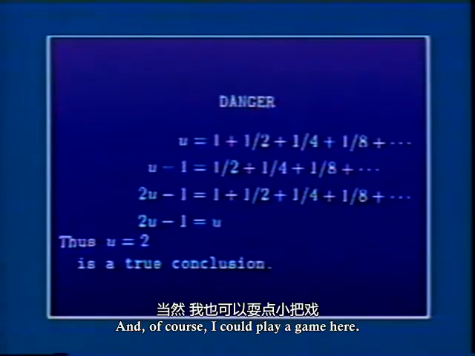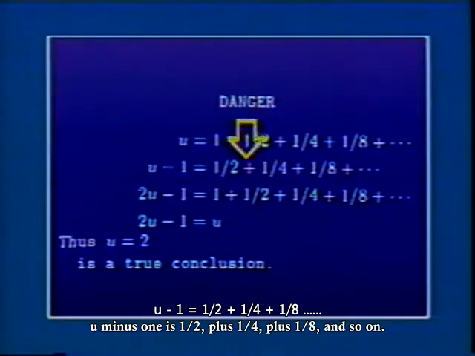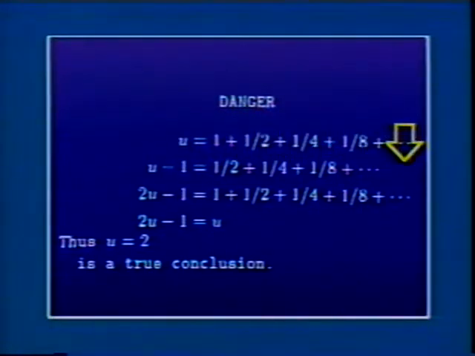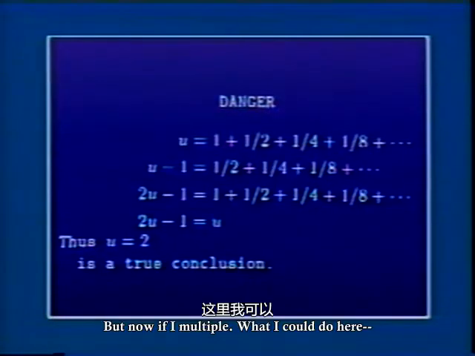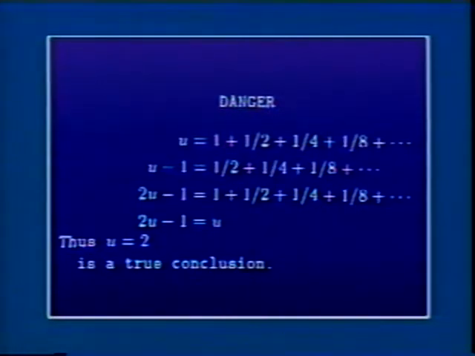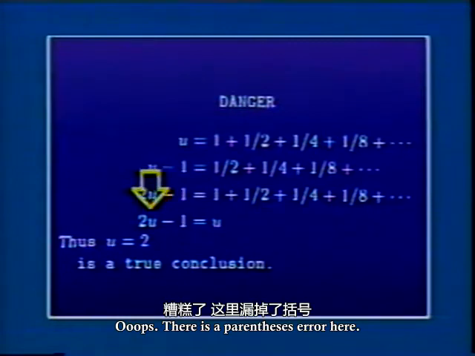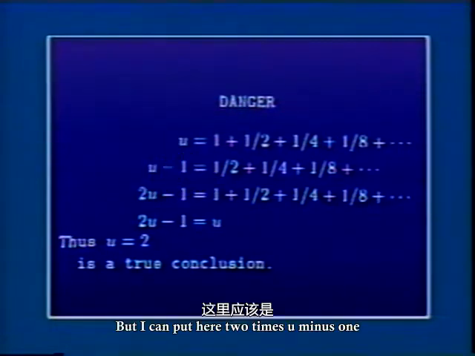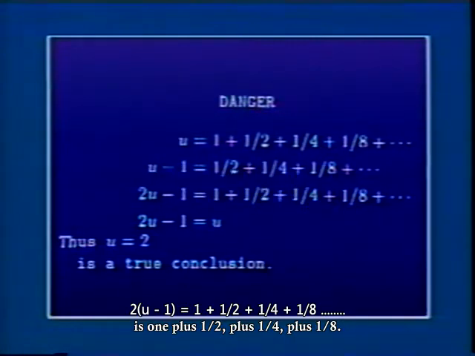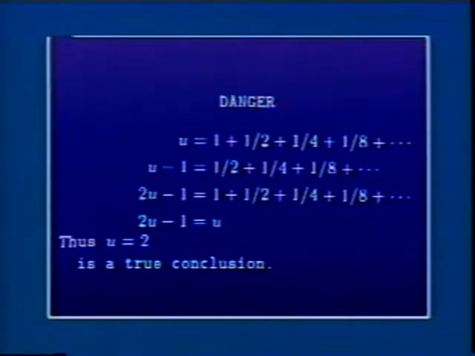And of course, I could play a game here. U minus 1 is a half plus a quarter plus an eighth and so on. But now what I could do here, oops, there's a parentheses error here, but I could put here 2 times u minus 1 is 1 plus a half plus a quarter plus an eighth. Can I fix that?